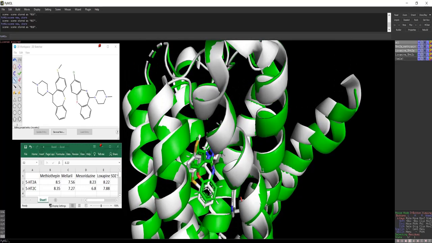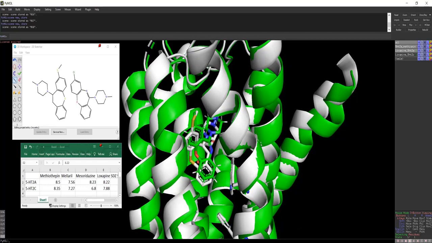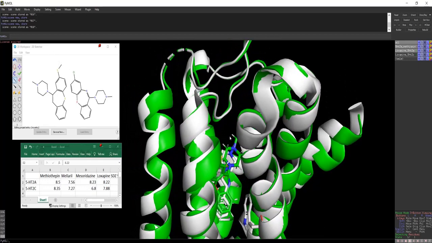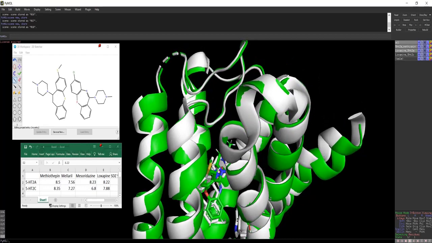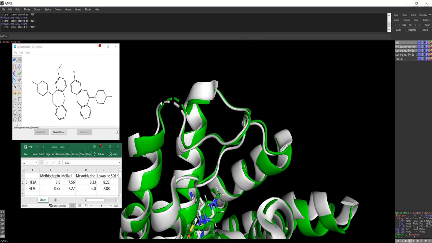You have your aromatic here interacting with toggle switch and the PIF motif. The chlorine is pointing upwards where the serine and methyl group are here. And you can see your nitrogens here are also relatively similar and can form salt bridges with aspartic acid 155.